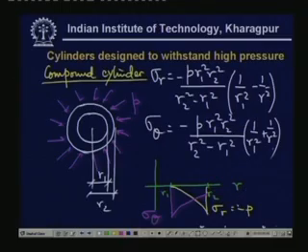Now, the maximum value takes at R1, which you can always verify, because at R1 this is twice P R2 square divided by R2 square minus R1 square, and at R2 this is twice P R1 square divided by R2 square minus R1 square, which is of course lesser than this limit. So, therefore, a high compressive force is developed across this width.